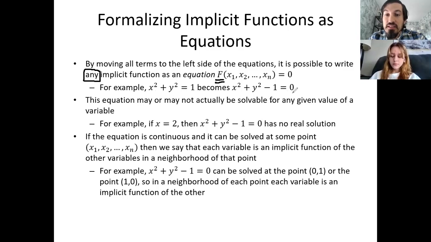This implicit function is basically not defined for x equals 2. It doesn't exist. At least there are no y's that exist that solve this equation, and therefore the implicit function does not exist at x equals 2. Is that okay?